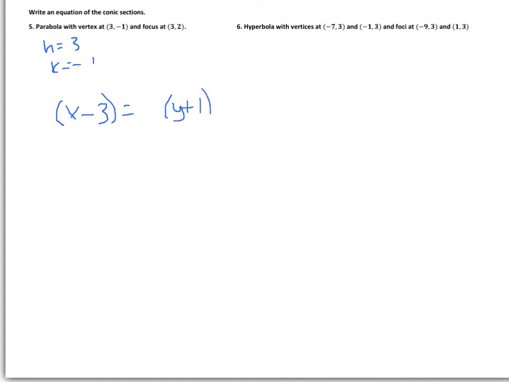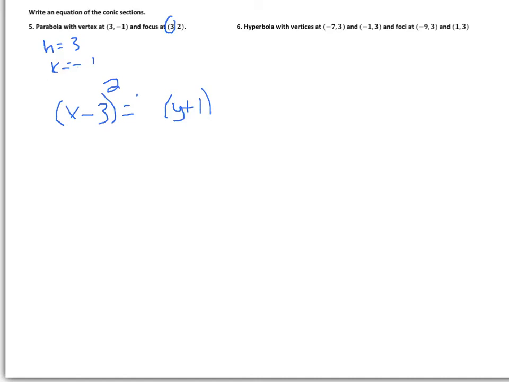Now we need to figure out which one's being squared. So I look at the focus. Well, remember when h stays the same, that means the x is being squared. So I know I'm dealing with x minus 3 squared. The quantity x minus 3 squared equals the quantity y.